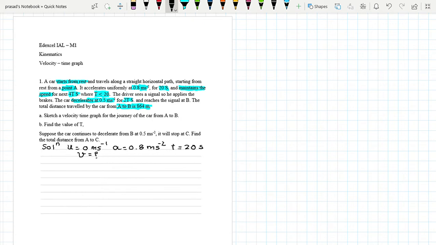So we'll use the equation V is equal to U plus AT. Now U is 0, A is 0.8 and T is 20, which gives 16 meters per second.